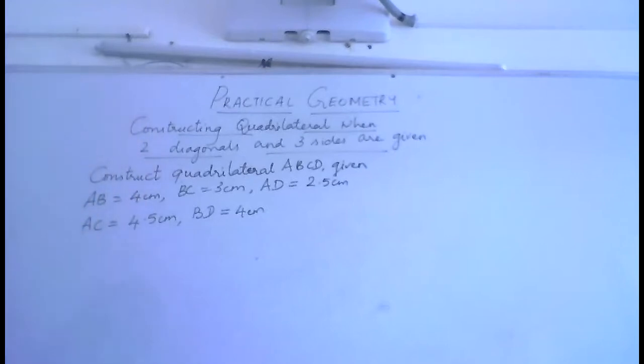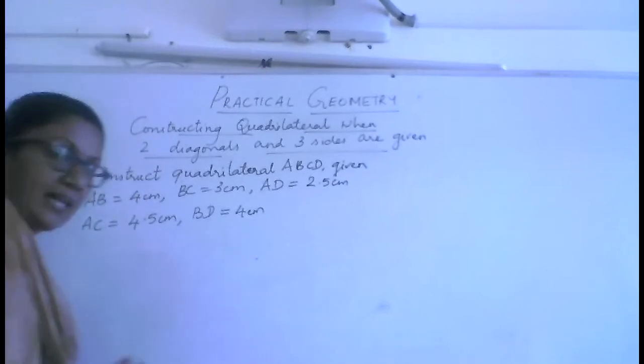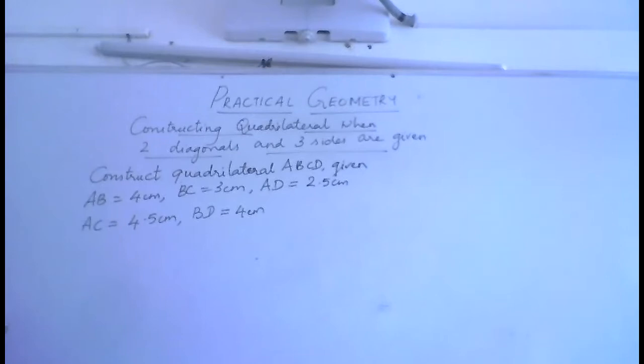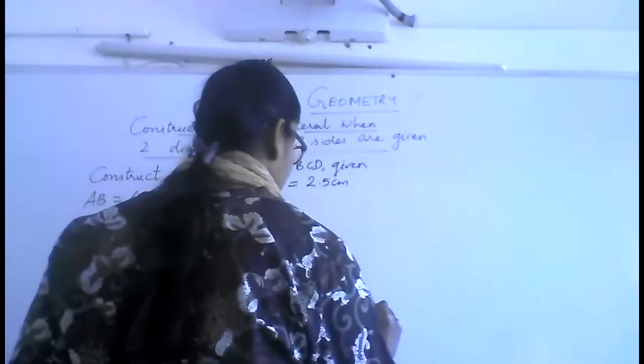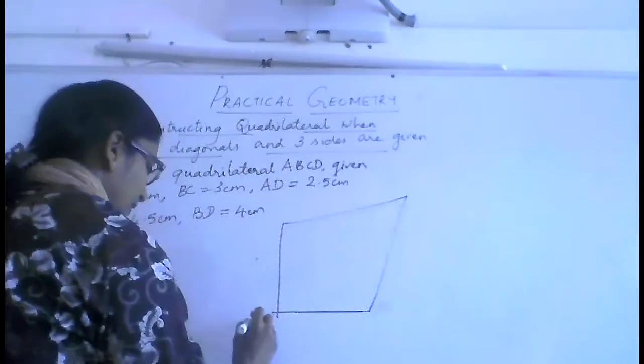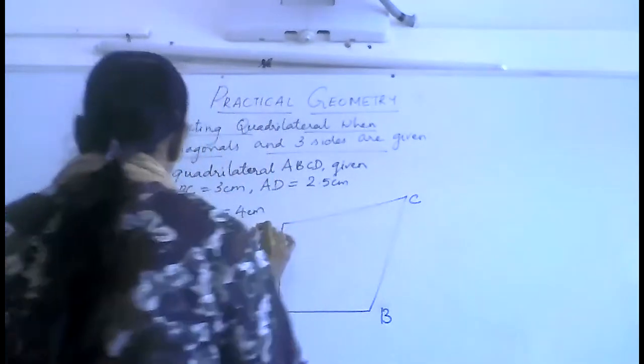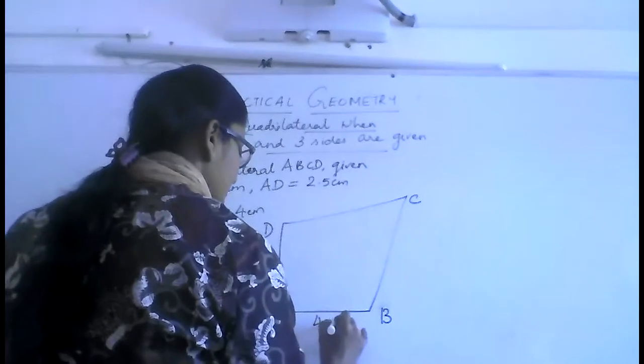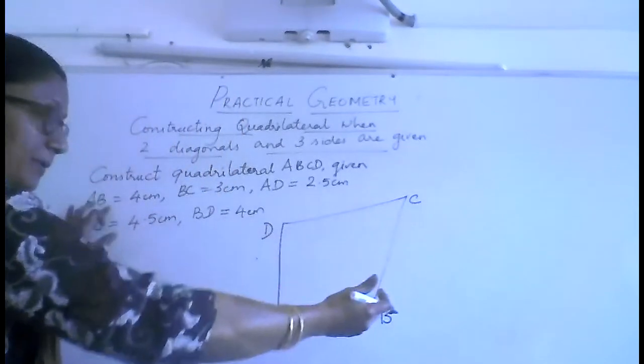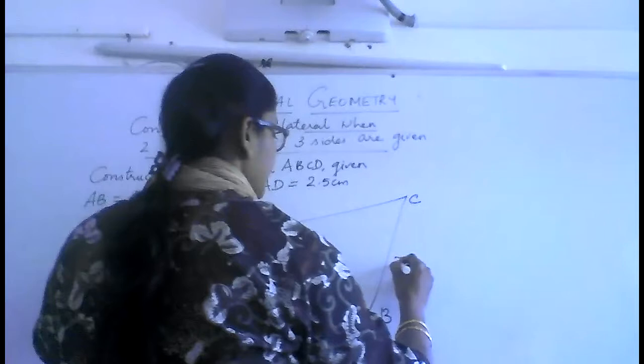So using those measurements, let us first sketch the rough diagram of the quadrilateral ABCD. Suppose we take the quadrilateral something like this. A rough sketch we are going to draw, ABCD. AB is given as 4 centimeters. BC is 3 centimeters.